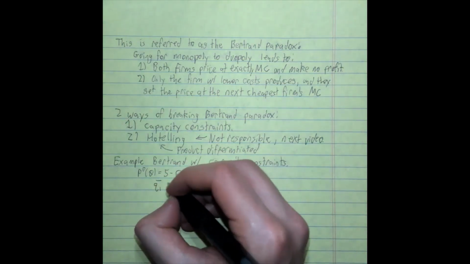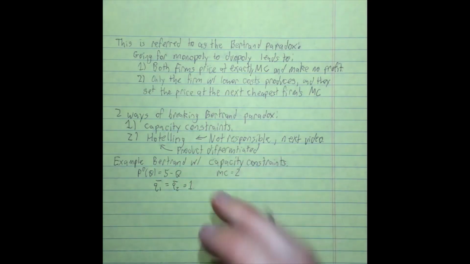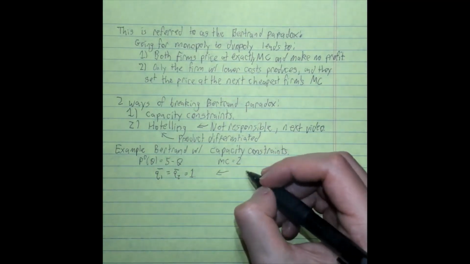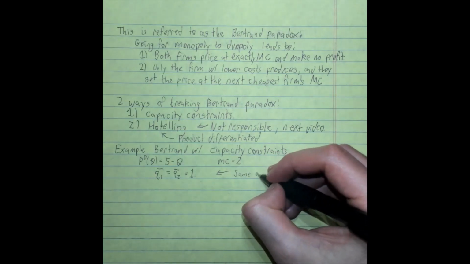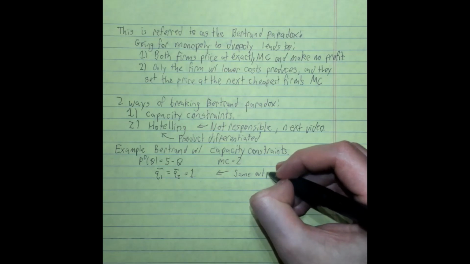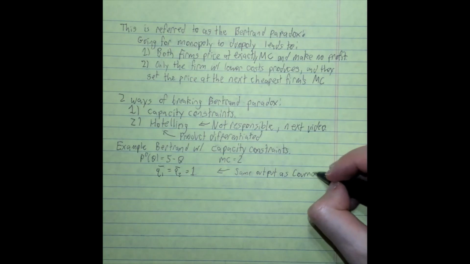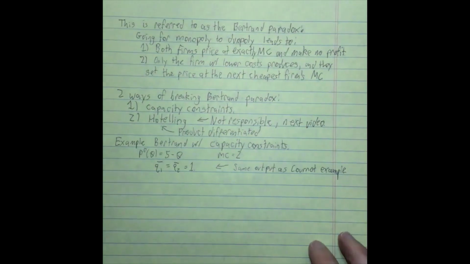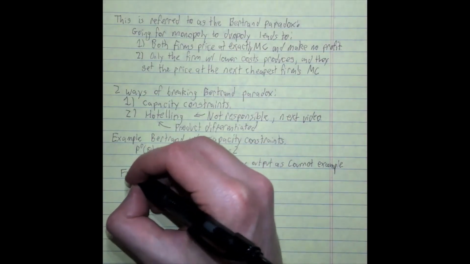So Q1 bar equals Q2 bar equals 1. I want to make the point that this is the same output as our Cournot example. Okay, so we want to find the equilibrium price and quantity.